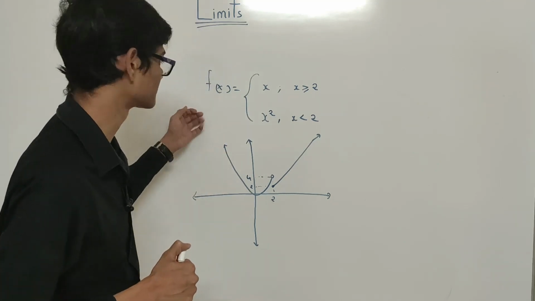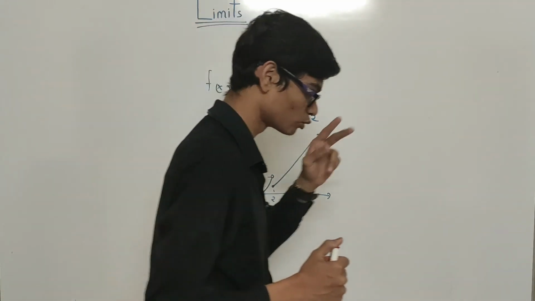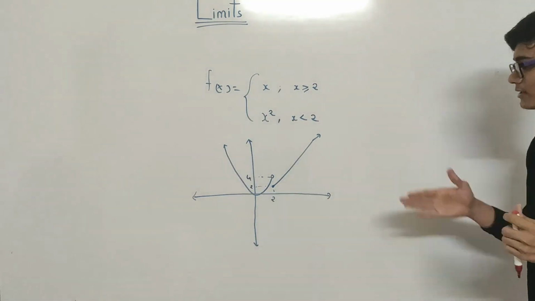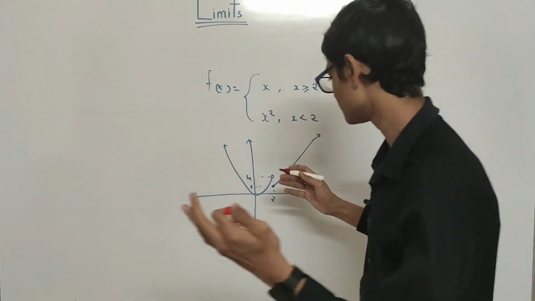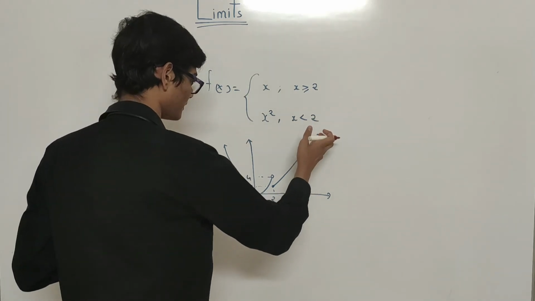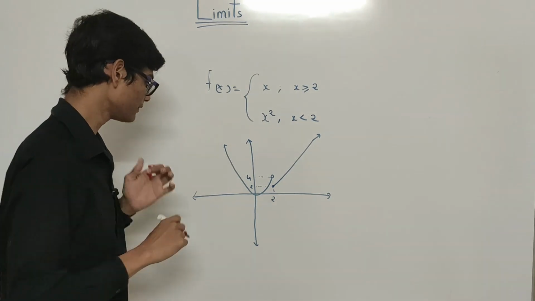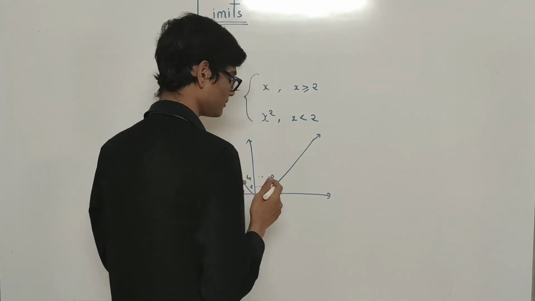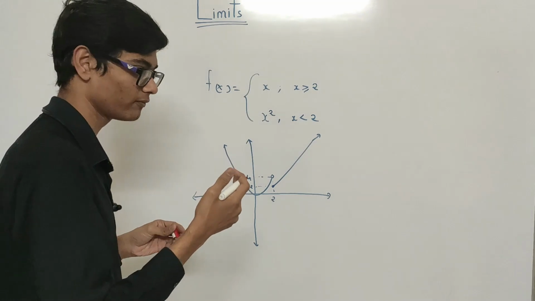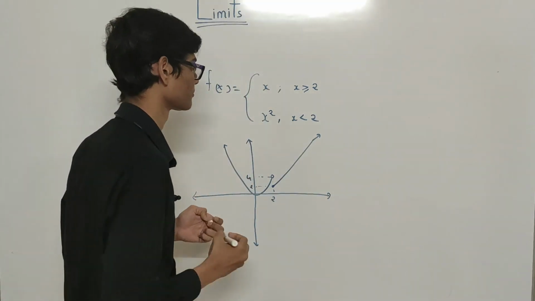Okay. So now, what can you say about when x approaches 2? What is the limit of this function? See, there are two ways to approach the function. You approach it from the left side, or you approach it from the right side. So we have two ways, and therefore we define left hand limit and right hand limit.